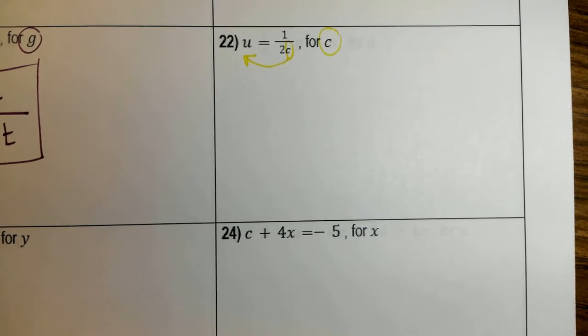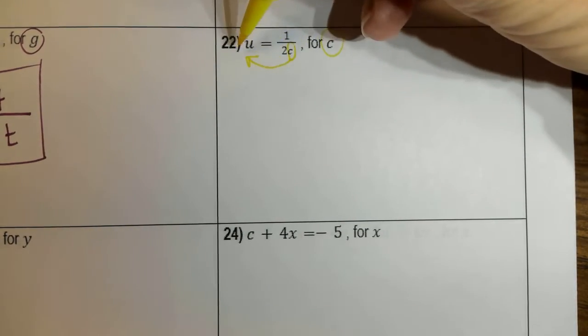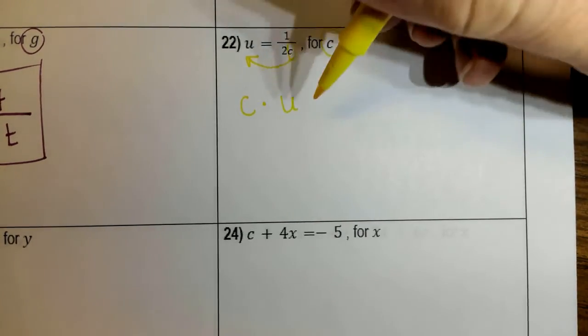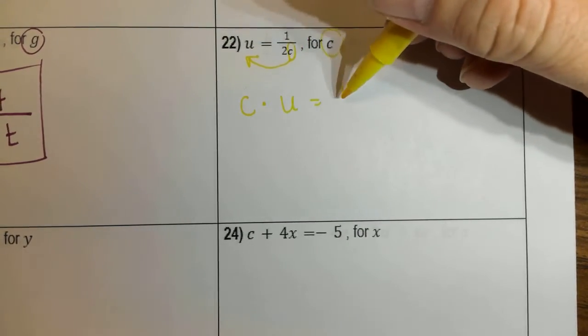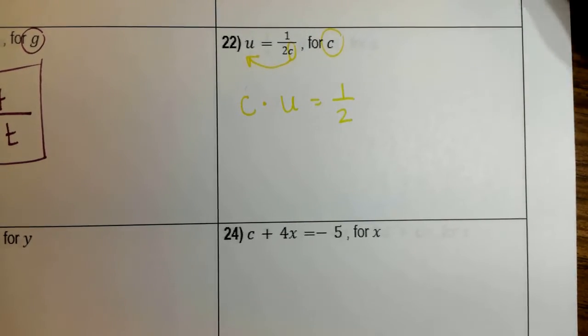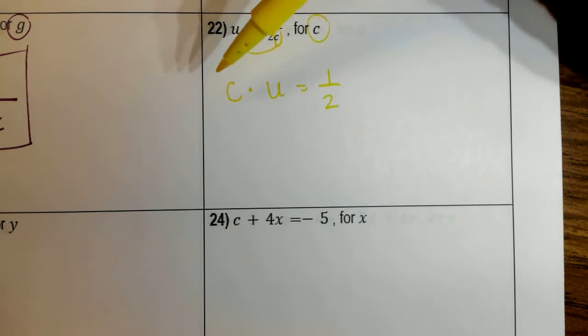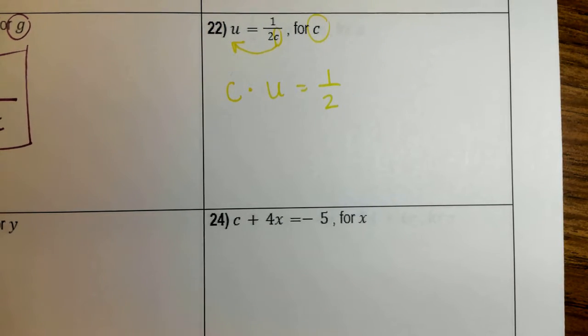The C is going to move on without him. So I'm going to move the C over here, so I have C times U equals 1 over 2. So I move the C. Look, see you later, like you were talking to number 2, like they were your ex-best friend.